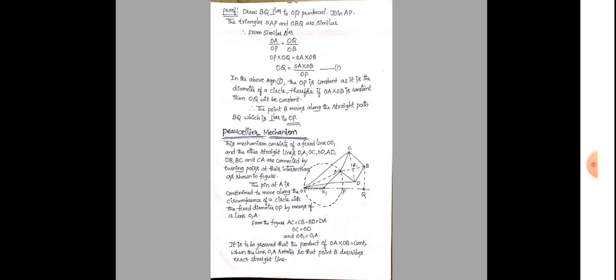Hence, when the product OA into OB, which is the statement of the basic principle of a straight line, is constant, obviously the point B moves along the straight line path which is perpendicular to the diameter OP. In this way, one can understand the basic principle of a straight line motion mechanism.